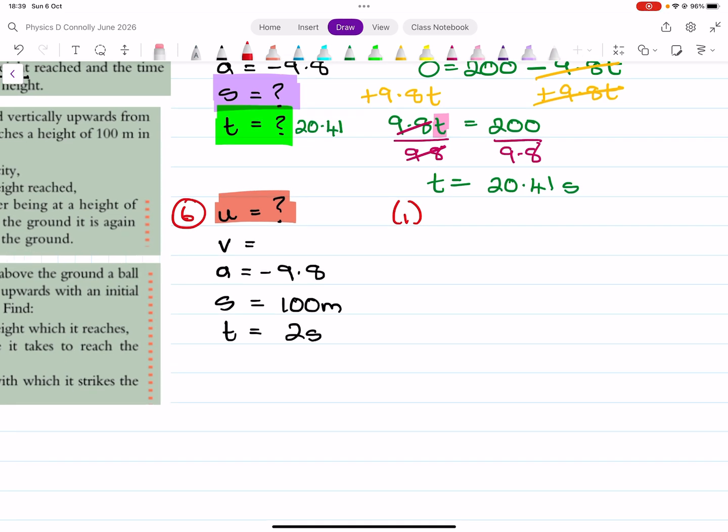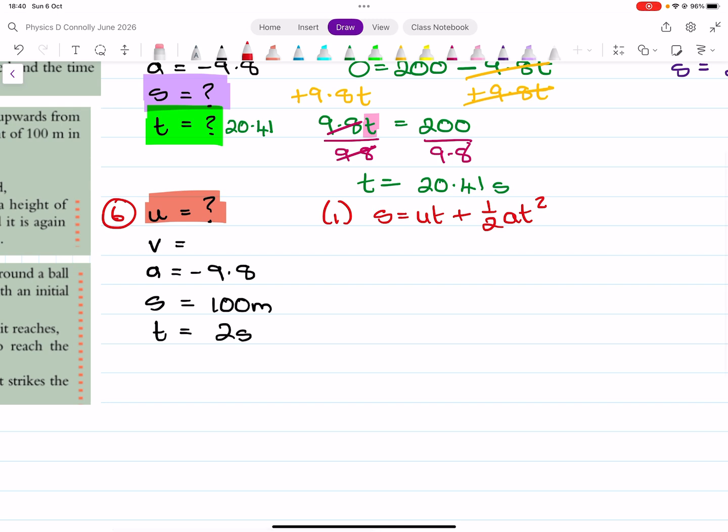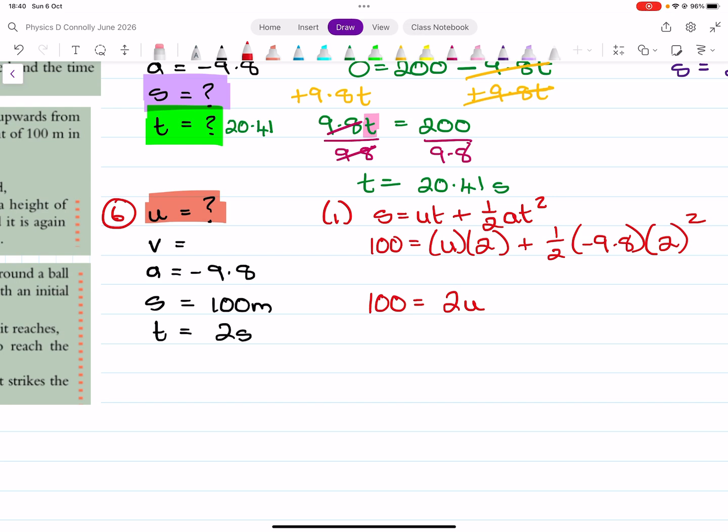Is it ut plus a half at squared? I was just going through the different ones. There's not many we can use, not having u or v. So s is 100. U we don't know. T is 2. A half, minus 9.8, 2 squared. So 100 equals 2u plus a half bracket minus 9.8 bracket 2 squared, which is minus 19.6.